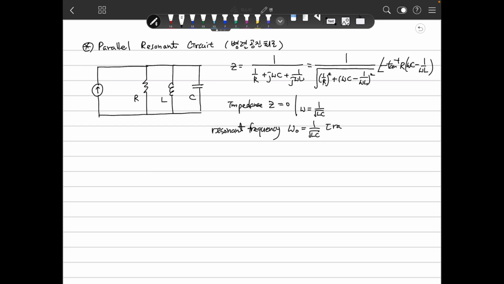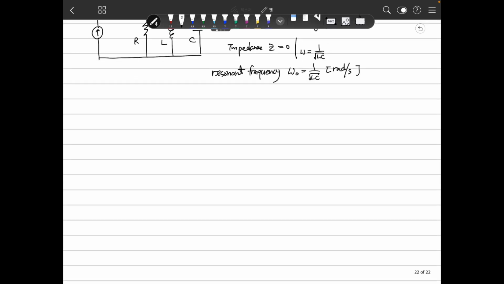The unit is radian per second. We call this the resonant frequency, in Korean 공진 주파수. Therefore, when omega is the same as omega 0, the impedance will be the same as R.